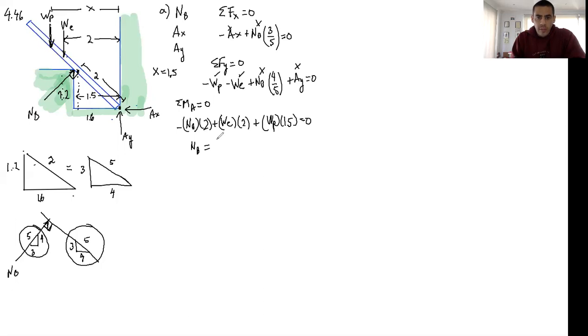See, and this thing will be, I'm gonna put the numbers so you know what I was doing. So it's gonna be 20 times 9.81 times 2, that's the weight of the stairs, times 2, plus the weight of the person, 90, that actually is the mass, 90 times 9.81 times 1.5, divided everything by 2 according to this formula.